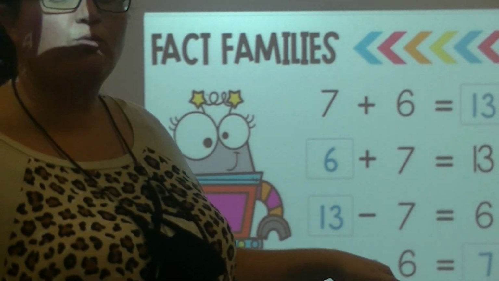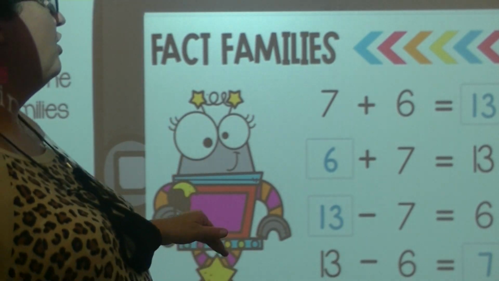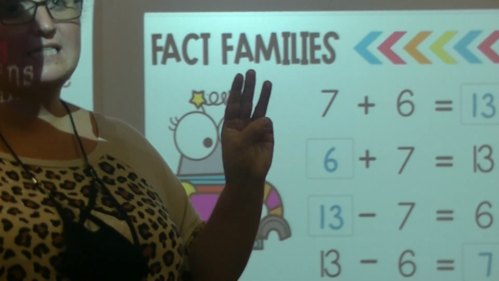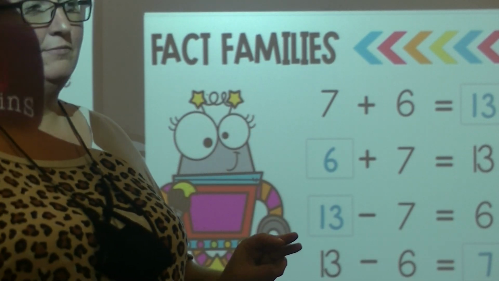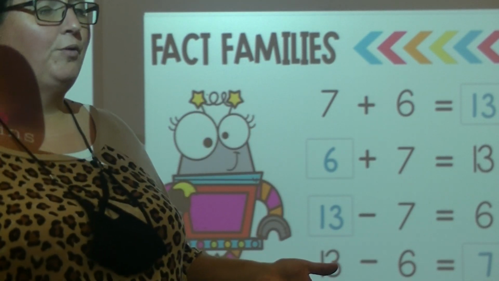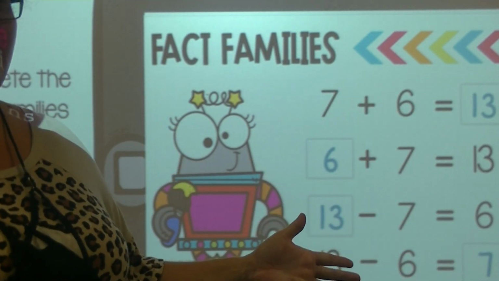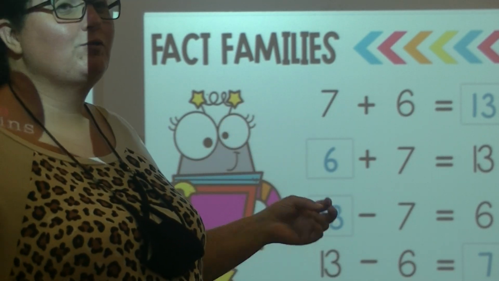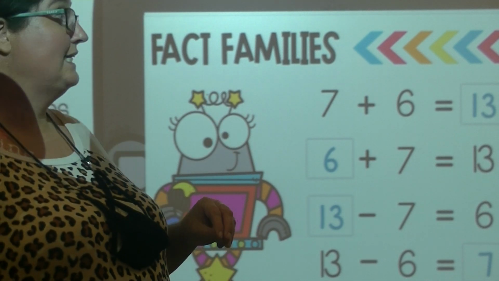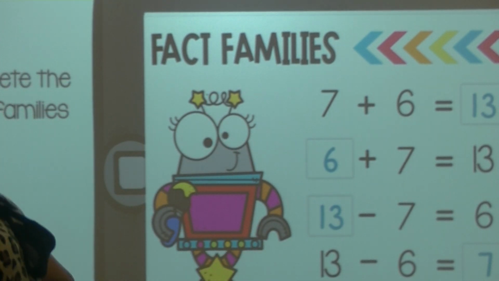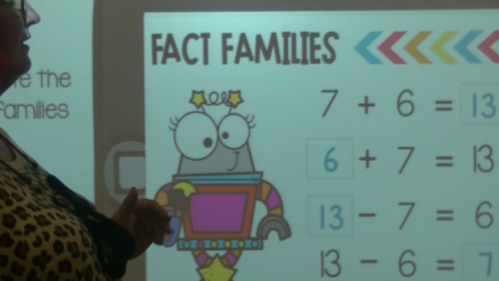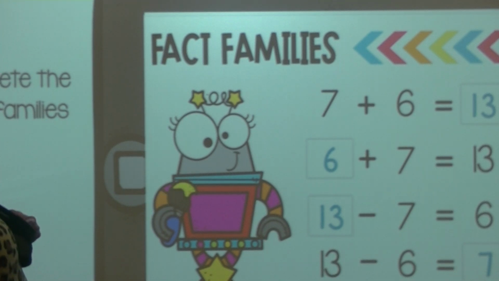All right, in the directions for your lesson, you're only required to do 3 slides today. If you are on a roll and you feel like you want to do more than that, that's perfectly fine. But you're only required to do 3 slides today. That will make 12 problems. So that's all we have to do.